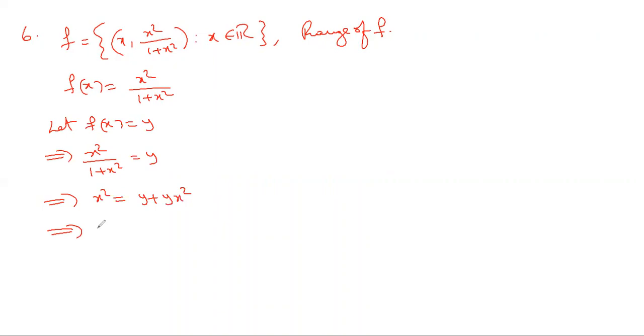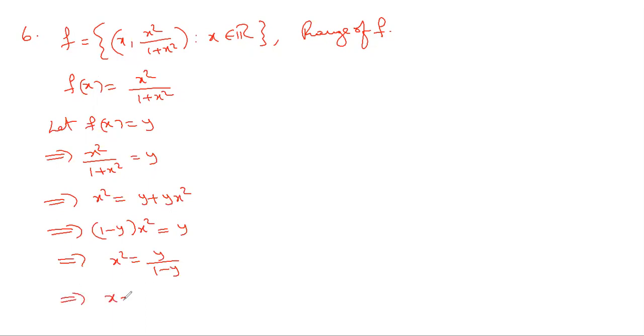Let us write it in one side. So 1 minus y times x square. You need to write x as a subject, so you should bring x to one side equal to y. So that implies x square equal to y by 1 minus y.